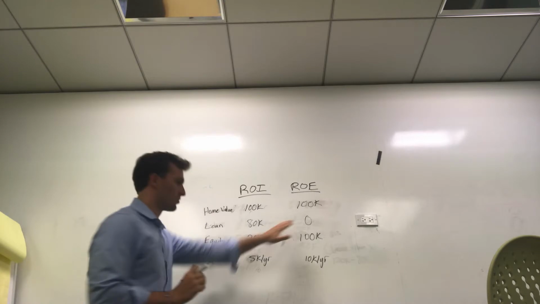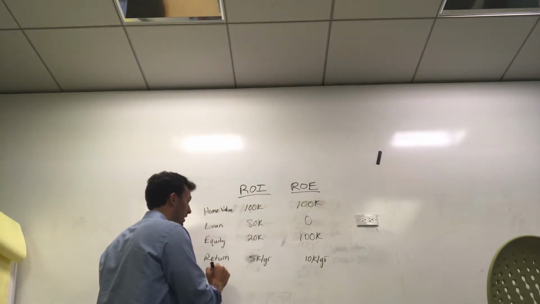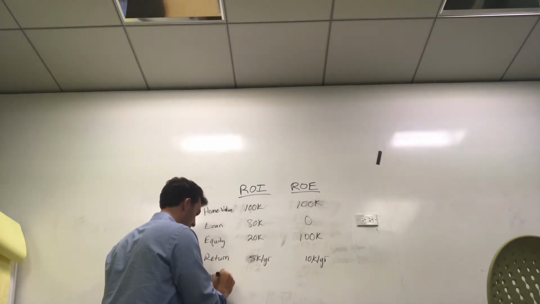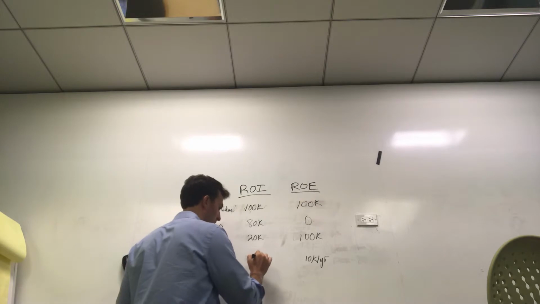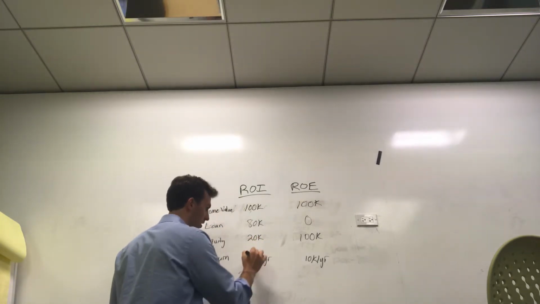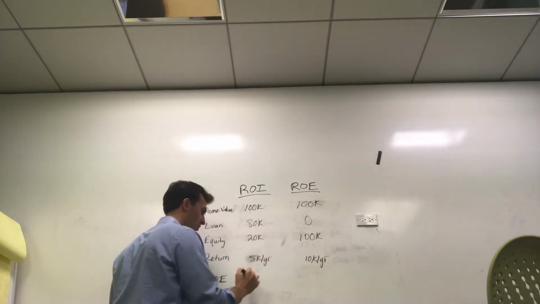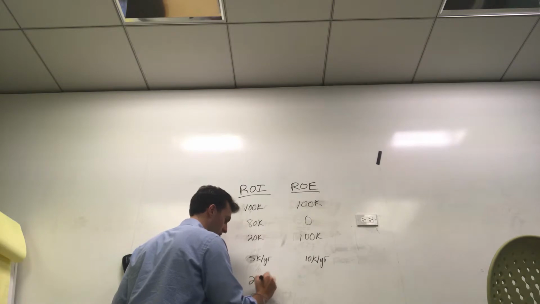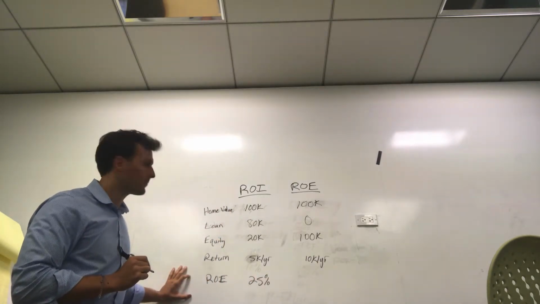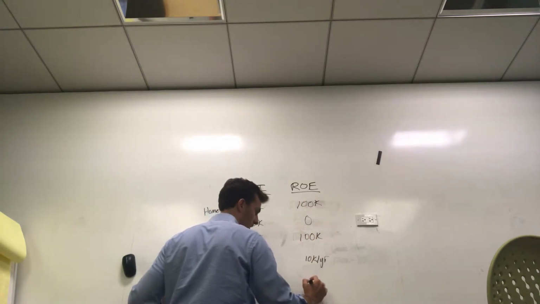Okay, because there's no loan, so we're not going to have to make those payments. So my ROI, or my ROE, excuse me, is going to be 5,000 over my equity, which is 25%. That's pretty friggin' awesome. Over here, 10,000 divided by that is 10%.